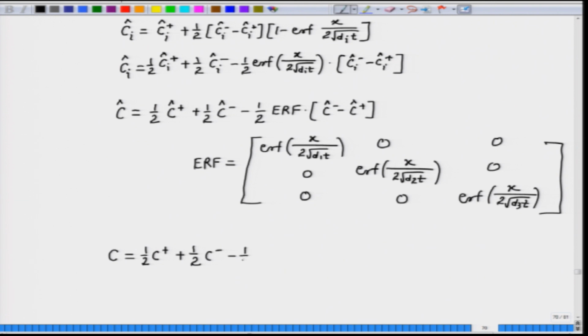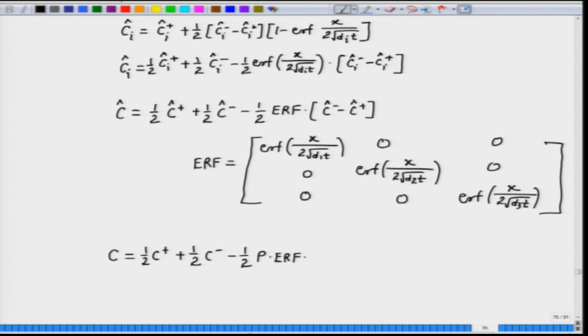minus half times P times ERF. Now, again we smartly insert P inverse times P, which is an identity matrix, between ERF and this bracket.